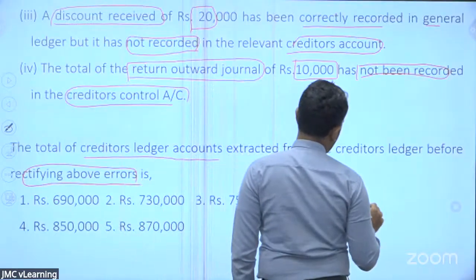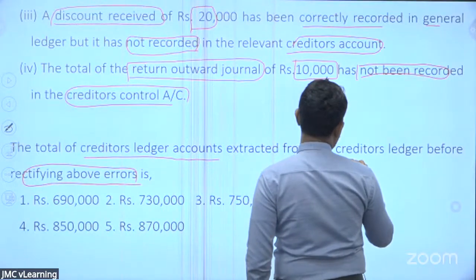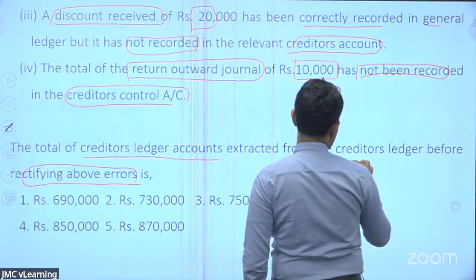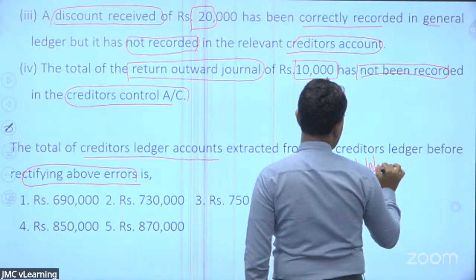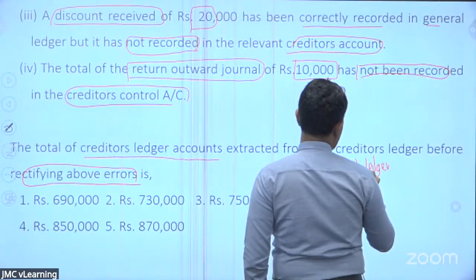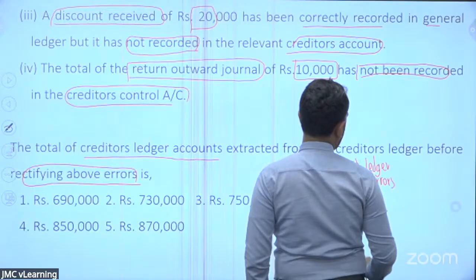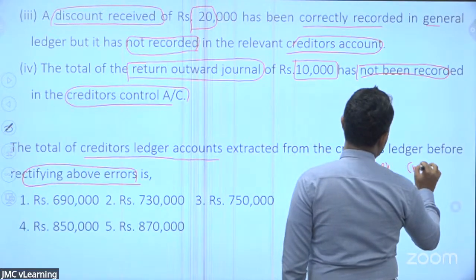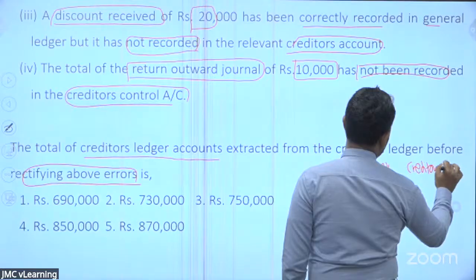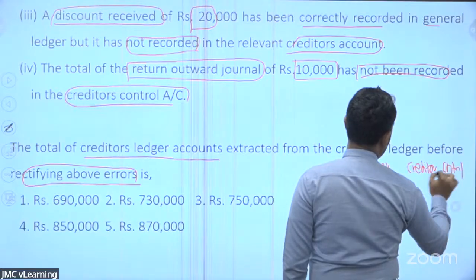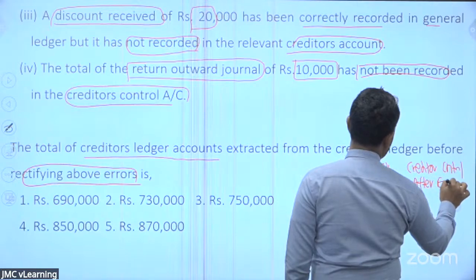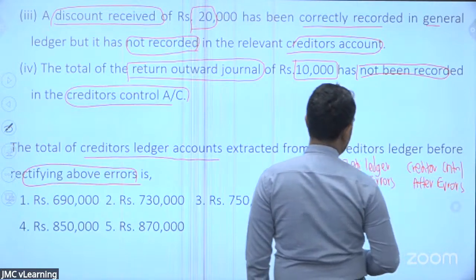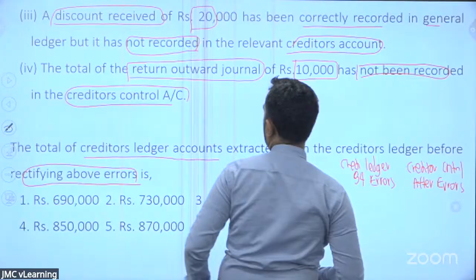So we need to calculate the creditors ledger before errors, and then the creditors control account after errors. These are the two things we need to calculate.